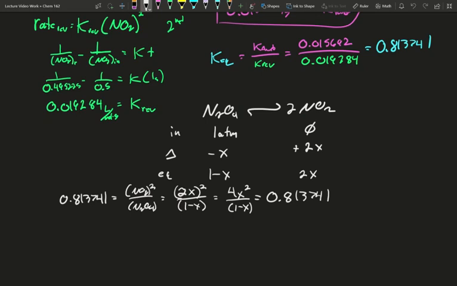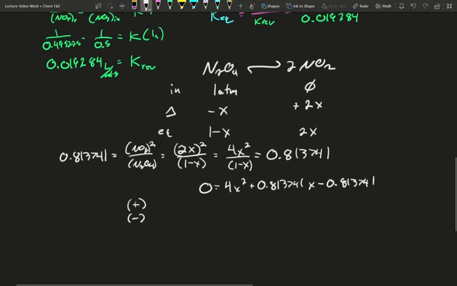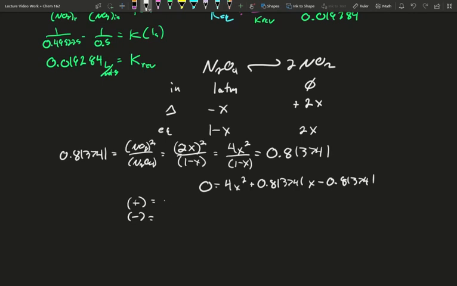So we can take our equilibrium concentrations, we can plug them in. We need to rearrange to solve for the quadratic. So we'll multiply 1 minus x over, rearrange everything. What we'll find is that 0 is going to equal 4x squared plus 0.813741x minus 0.813741. Solve out our quadratic. There will be an addition and a subtraction option. The addition option will be 0.36065.